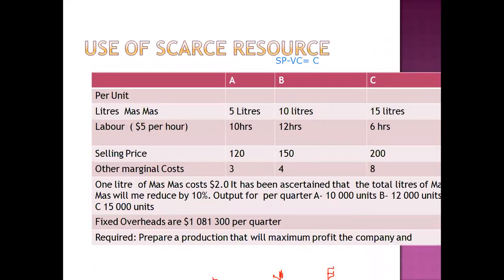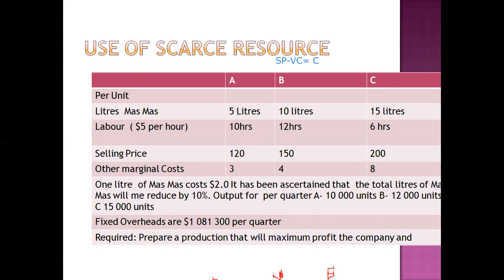That's how you determine the scarce resource. Let me read it again: 1 liter of mass costs $2. It has been ascertained that the total liters of mass will be reduced by 10%. From our suppliers, they're saying we cannot provide the full budget, but we are going to provide 90% of what you've been producing. So the problem is now with the number of liters that we need to produce our goods.